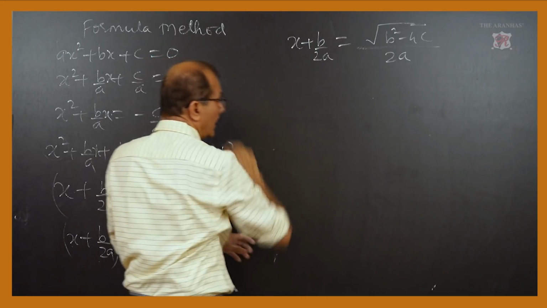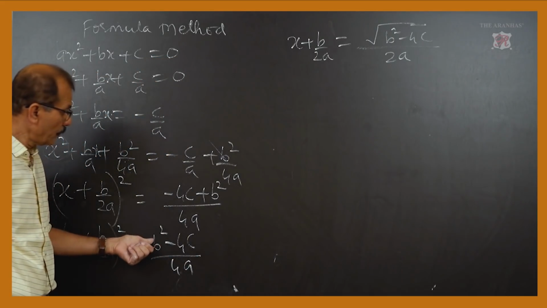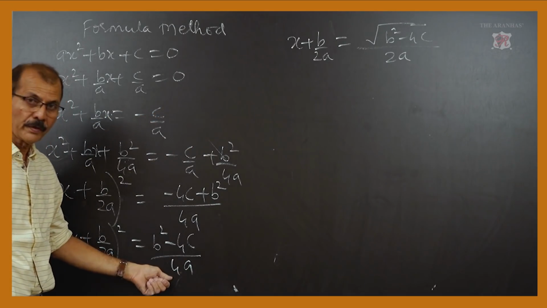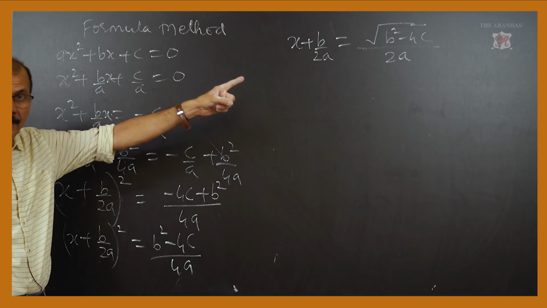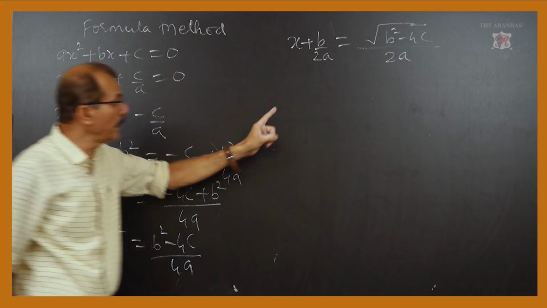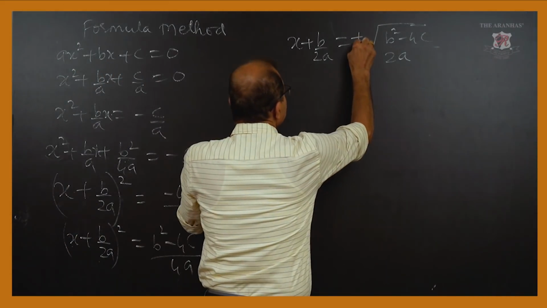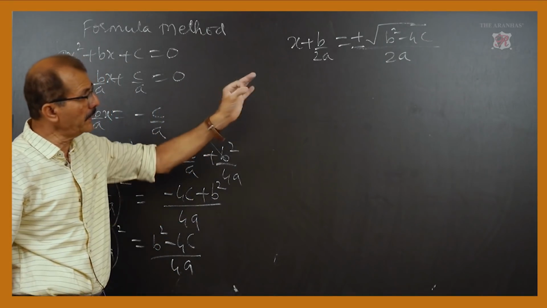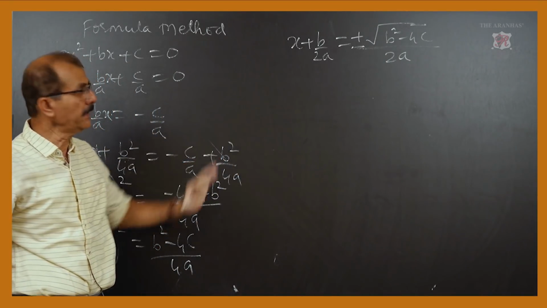So, square root of b square minus 4ac is root of b square minus 4ac and root of 4a square is 2a. Again I told you, when you are finding the square root, it will be plus minus always. In quadratic, whenever you are finding a square root, it will be plus and minus.